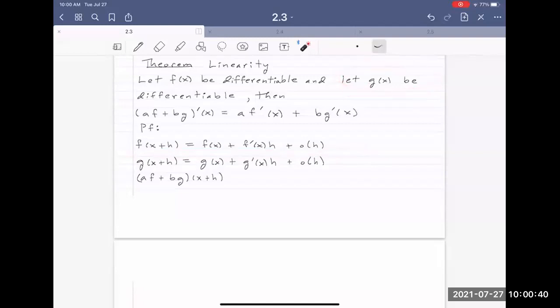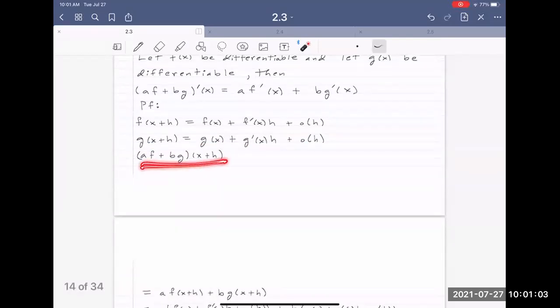Since g is differentiable, there exists a function g prime of x such that the following holds: g of x plus h equals g of x plus g prime of x times h plus little o of h.